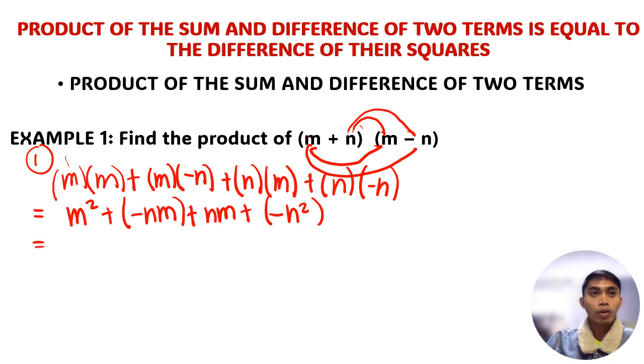Let's find the sign. We need to multiply, so positive times negative is negative nm.